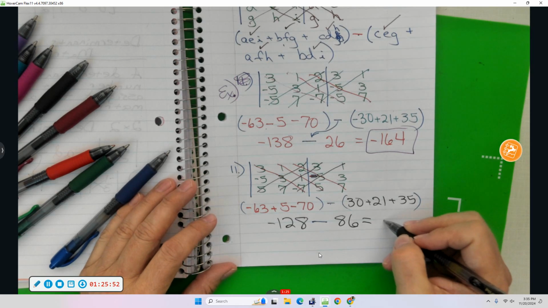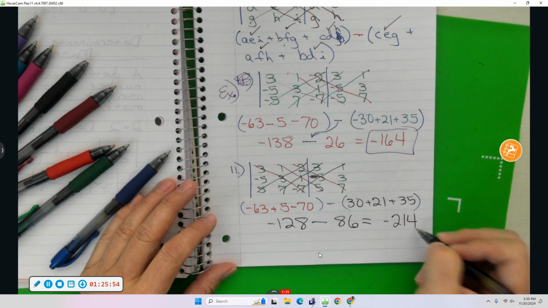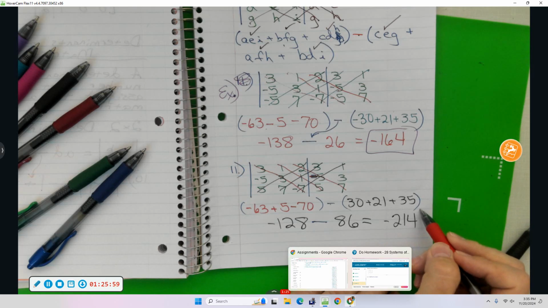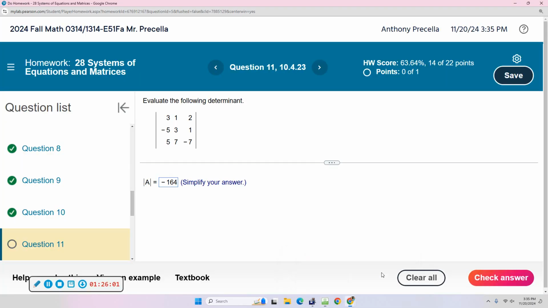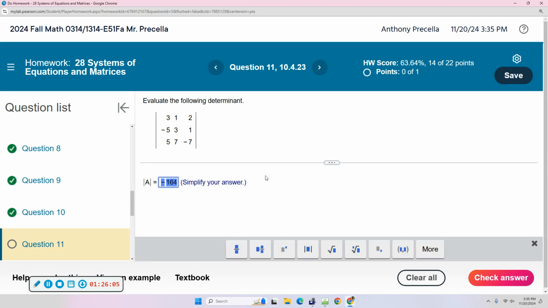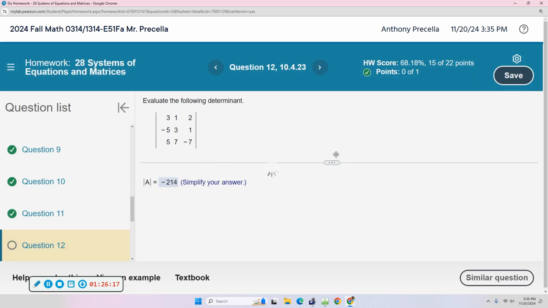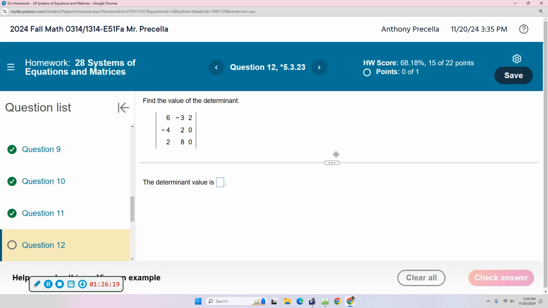Negative 214. Let me erase this wrong answer. Negative 214. So that one little sign really had us off by a lot. One more of these, and we'll try not to make a mistake on this one.